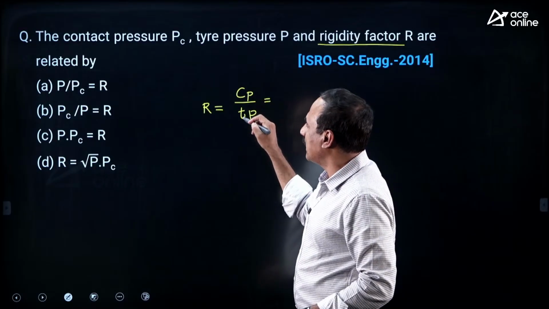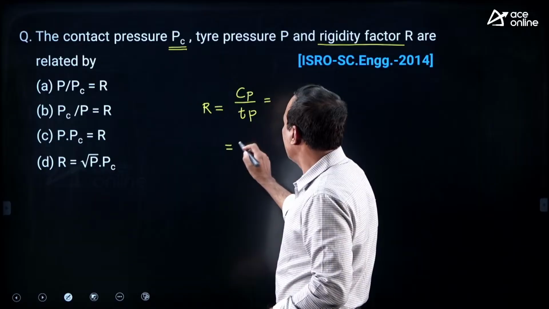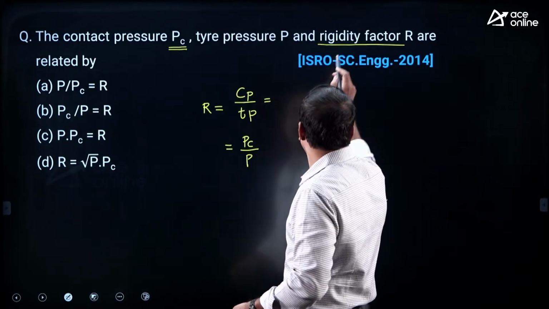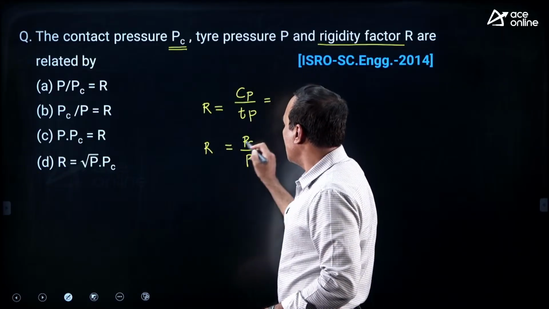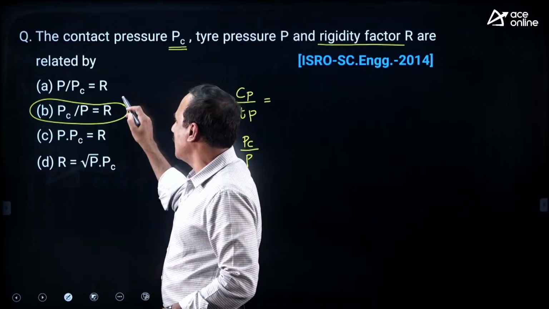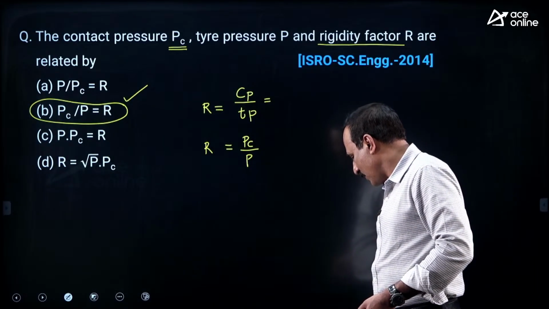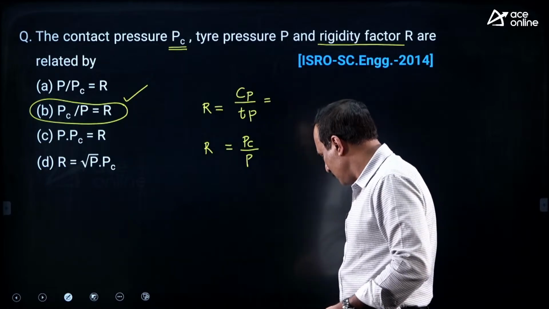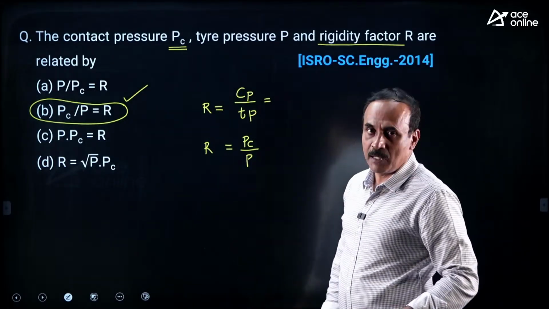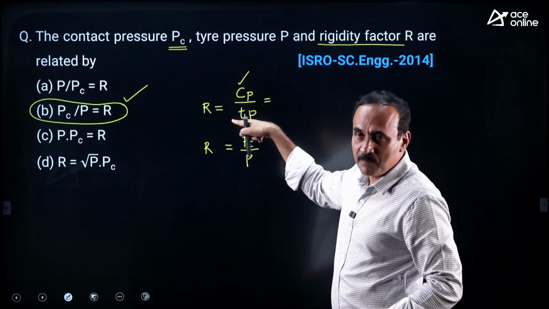Contact pressure they are giving as Pc, divided by tire pressure as P, rigidity factor R. R is Pc by P. Answer is option B. So many people have given this. Very nice. Contact by tire pressure, CP by TP. Remember this in alphabetical order: first C comes, then T comes.